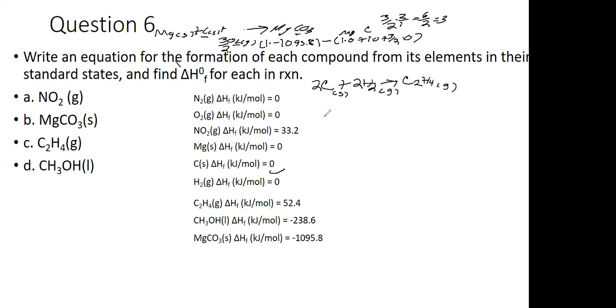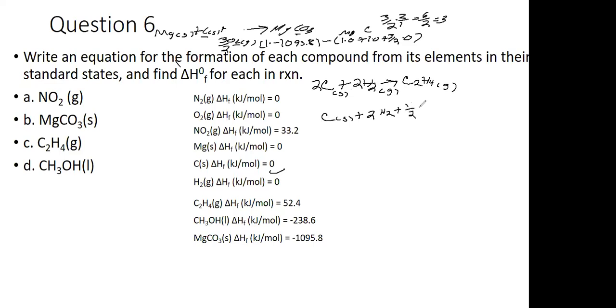And our last equation is CH3OH. So it's made out of carbon solid. It's made out of hydrogen, 4 hydrogens. So again, I need 2 moles of H2, plus now only one oxygen atom.